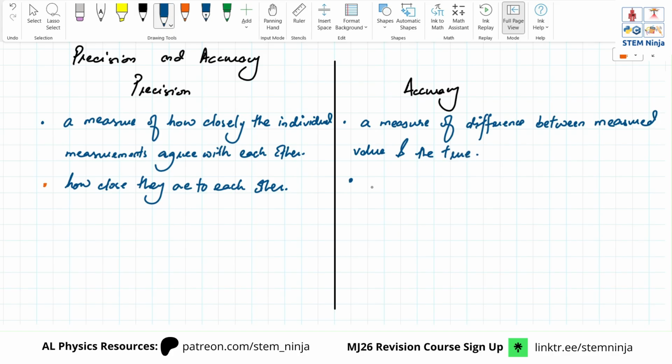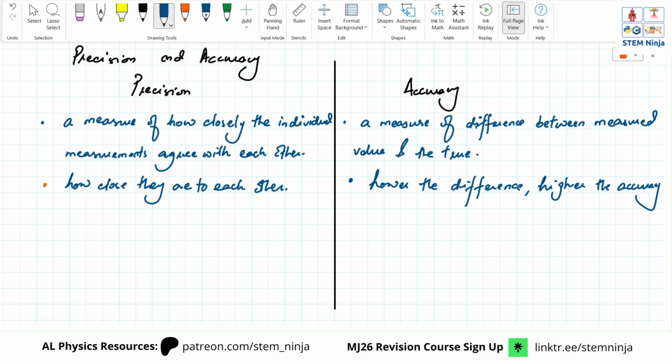The lower the difference, the higher the accuracy.